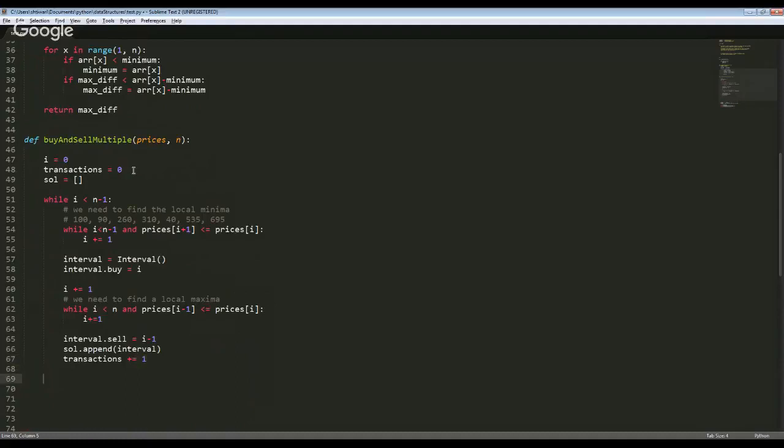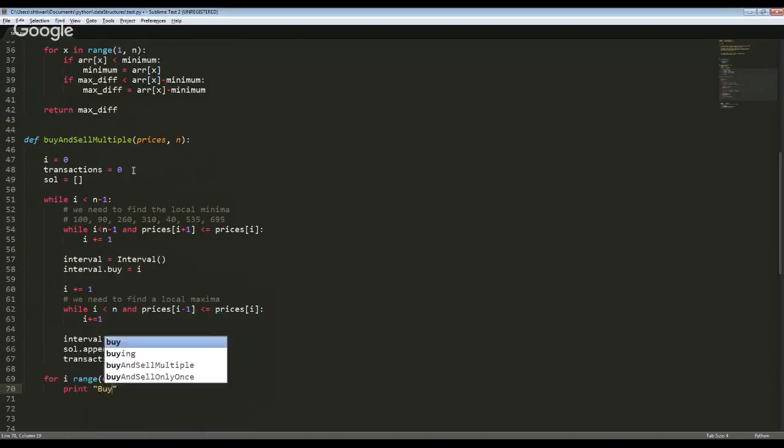So now all we need to do, I guess, is print the days on which we'll be buying the stock and selling the stock.